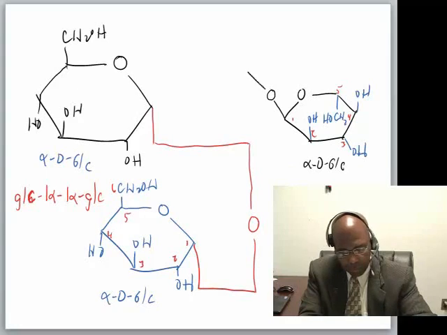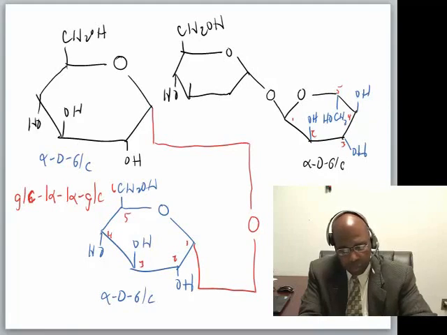And now this one is going to form. And this is going to be the regular glucose. Well, there's nothing regular about that. Up, down, up, down. And so this is alpha D glucose.